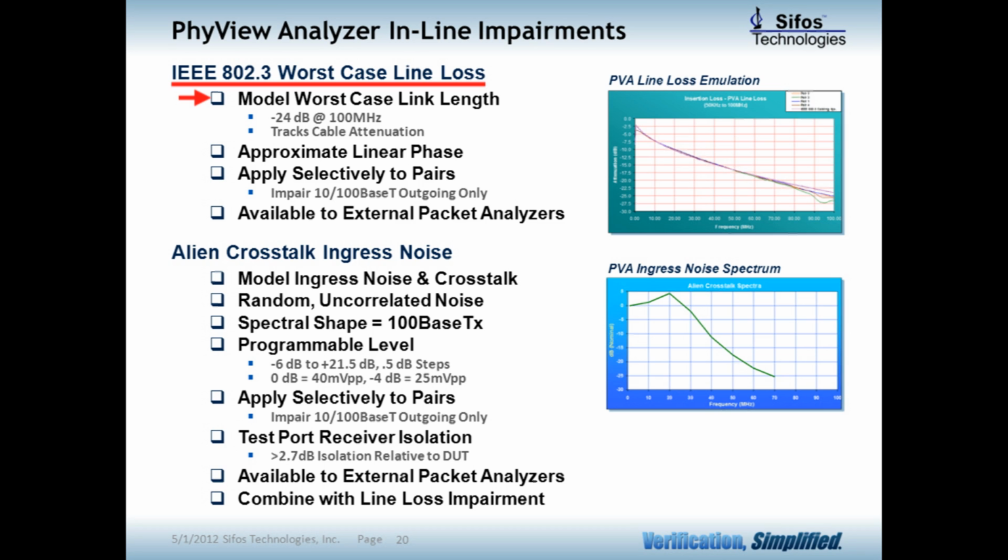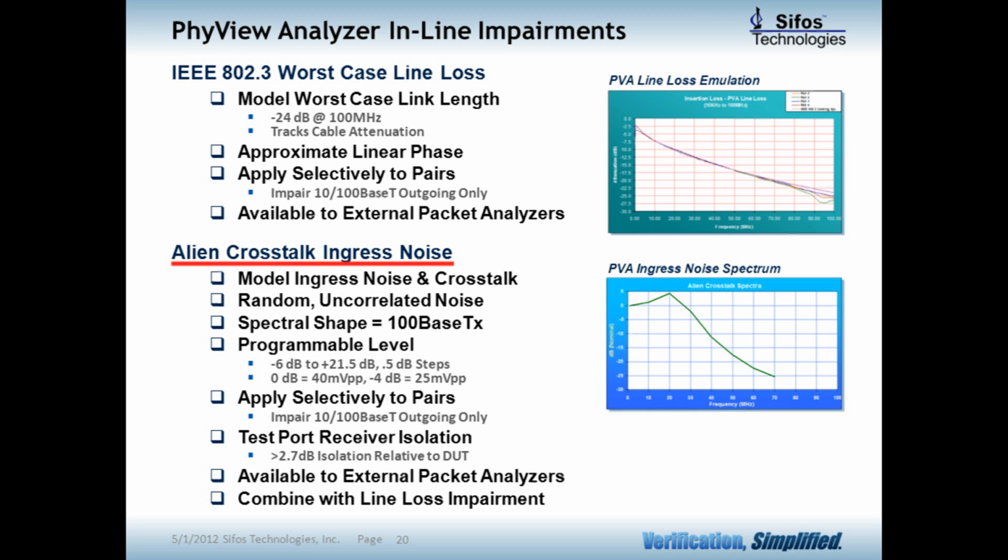The line loss impairment is matched to 100 ohms and is also designed to exhibit approximately linear phase over frequency, much like a long cable. It may be applied to all four pairs as required for 1000 base T testing, or it may be applied selectively to just the outgoing transmit pair for 10, 100 base T testing. This impairment is also available to external packet analyzers that connect through the PhyView test port.